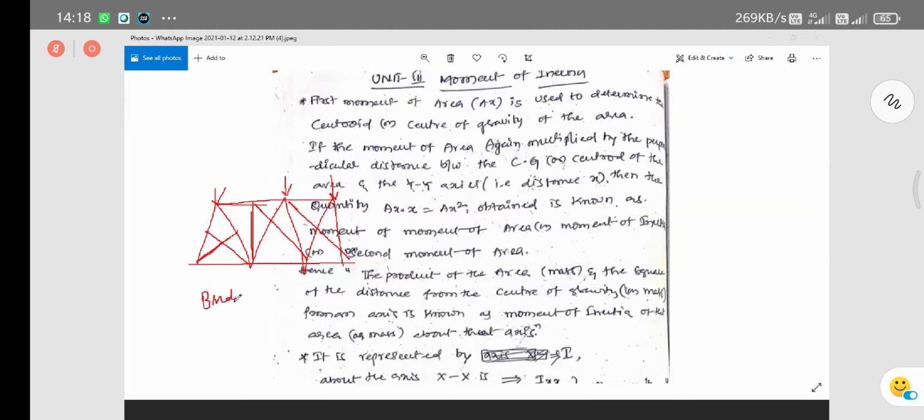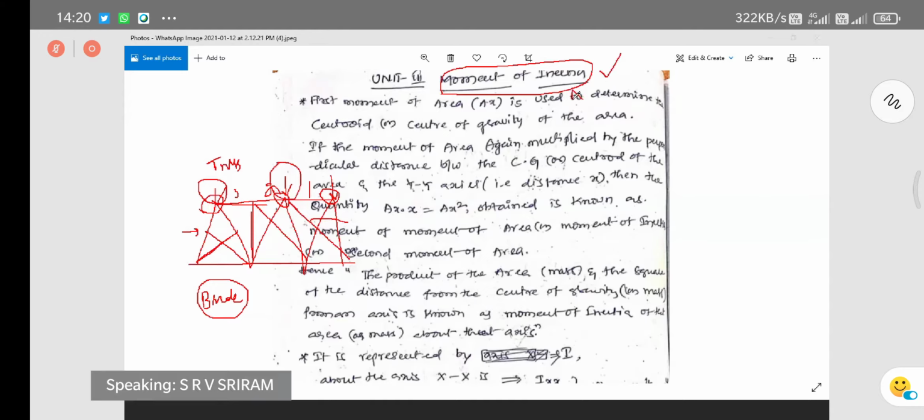Each and every member is acted on by individual forces, because so many vehicles pass over the bridge. The bridge is constructed for society's purpose, so its design and construction depend exactly on the moment of inertia. On moment of inertia basis only, this structure is constructed.